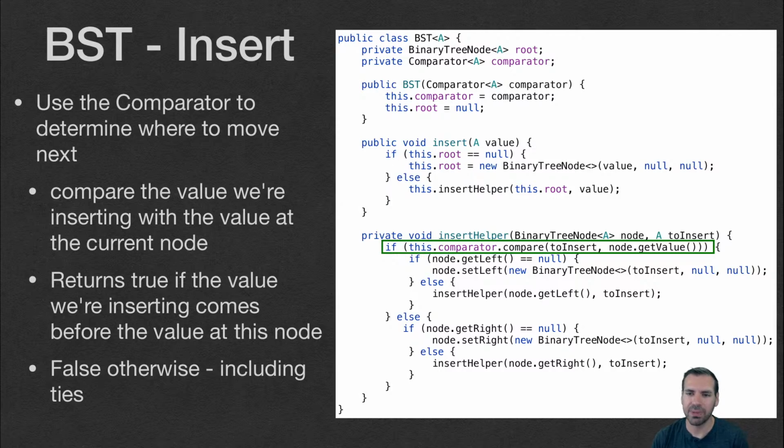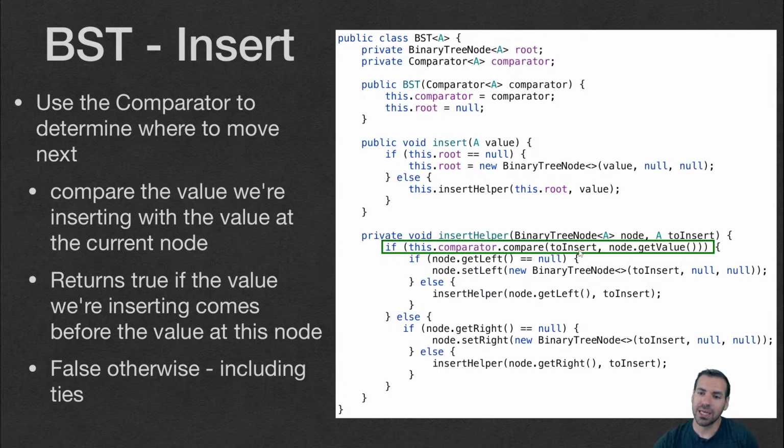The difference is going to be the way we break ties. I said I'm breaking ties to the right, so I'm going to check, does the value I'm trying to insert go strictly before the value at this node? That's what I'm asking my comparator. The comparator returns true if the first argument goes strictly before the second one, and false otherwise. So false if this node's value comes after the value I'm inserting, or it's a tie.